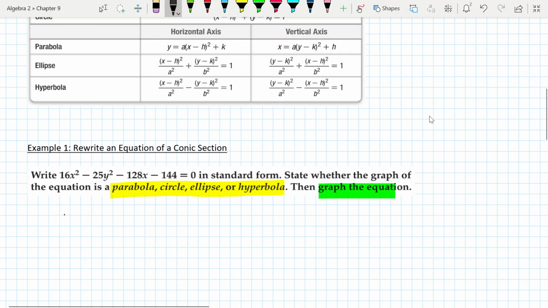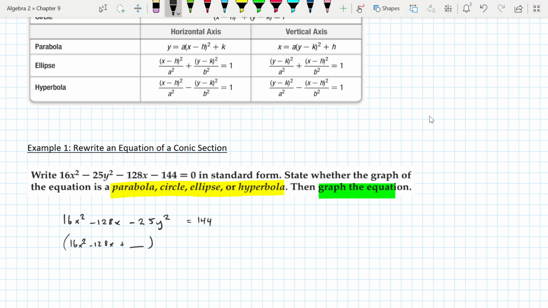I have 16x squared and negative 128x. I'm just rearranging it so that the x's and the y's are near each other. And to make my life a little bit easier, I'm going to add 144 to both sides. So I have 16x squared minus 128x plus something to complete the square.